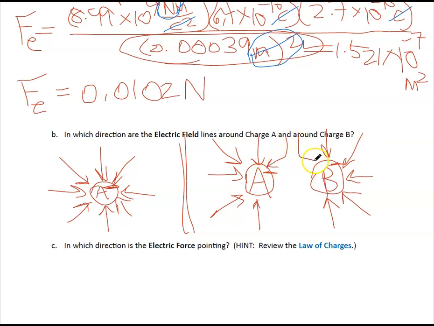So they essentially just avoid hitting one another, and you end up with something like this, where the field lines keep away from each other, but they all point in towards A and they all point in towards B. And to show that A has the larger negative charge, you can just have more field lines pointing into A if you want to make it more accurate, at least semi-quantitatively. And that would be it.